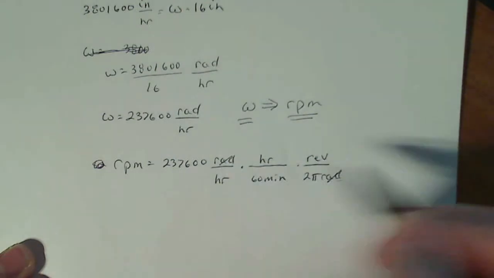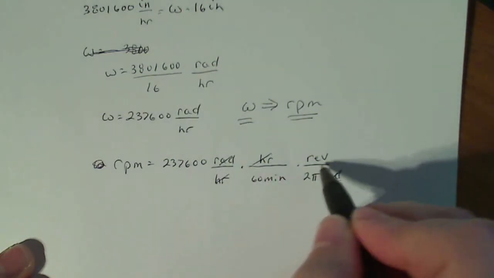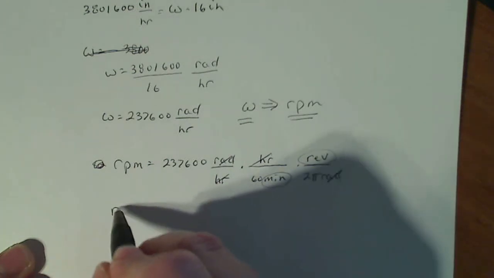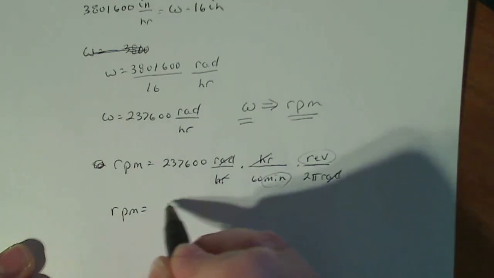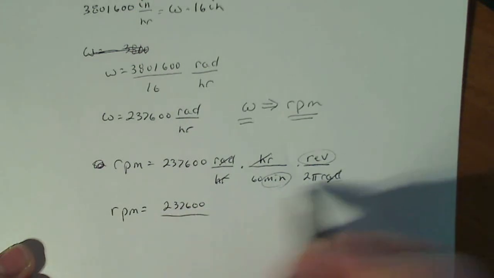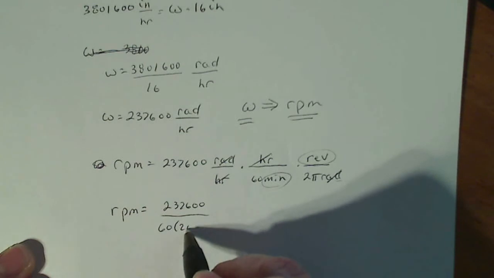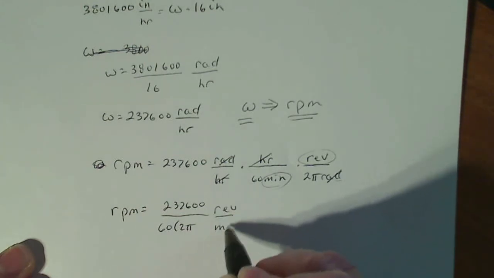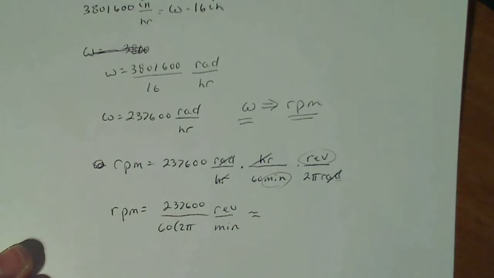So the radians cancel, the hours cancel, and I'm left with RPM, revolutions per minute. So the number of RPMs is equal to 237,600 divided by 60 times 2 pi revolutions per minute.